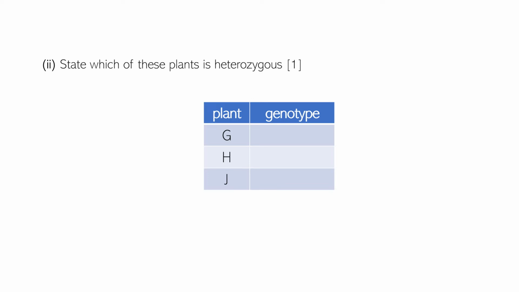But in that experiment, they produce white flower. Thus, plant G and H are heterozygous.